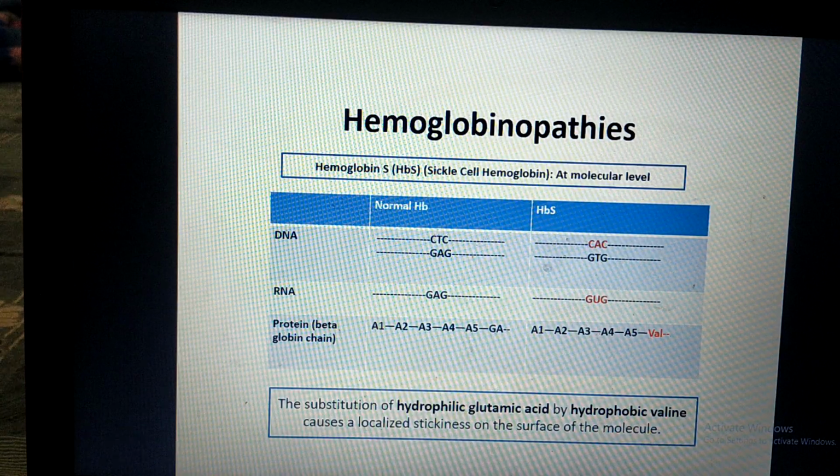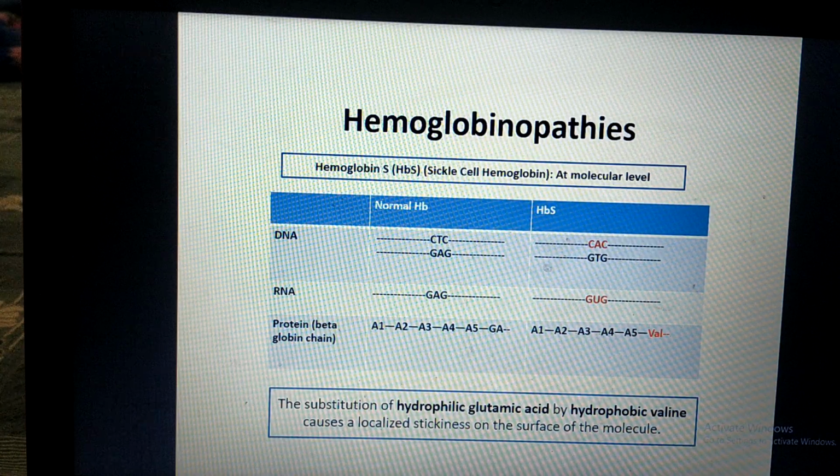Therefore, during translation at the 6th position, normally glutamic acid is present in the beta globin chain of hemoglobin, which is hydrophilic. Due to the change in the code, that glutamic acid is replaced by a hydrophobic valine, and it causes localized stickiness on the surface of the molecule.